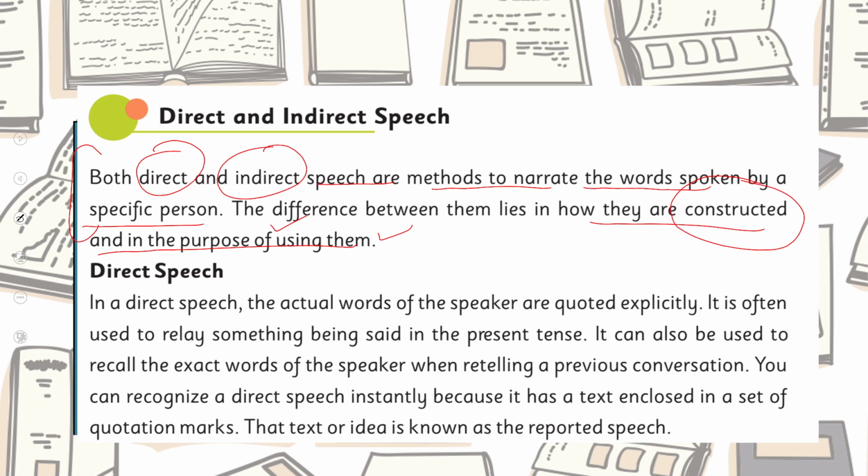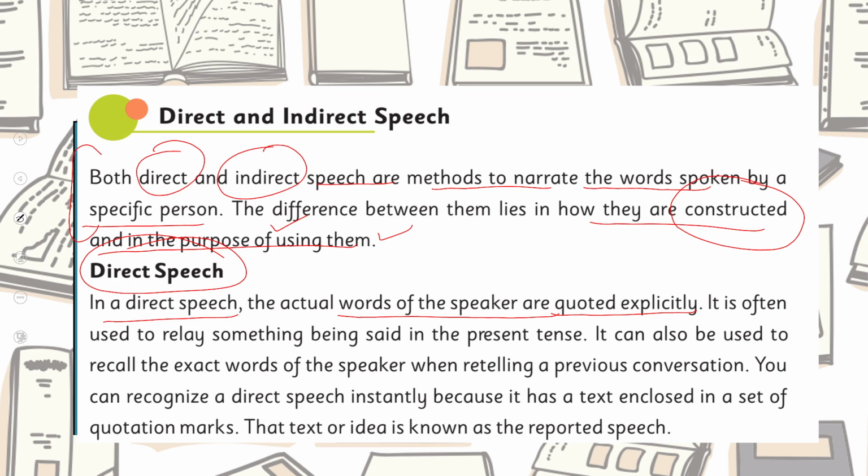Now, if we talk about first direct speech, in a direct speech, the actual words of the speaker are quoted explicitly. You are going to quote somebody using the same words of the speaker and you are going to retell in the same way. When you do it, you will say that you used direct speech.